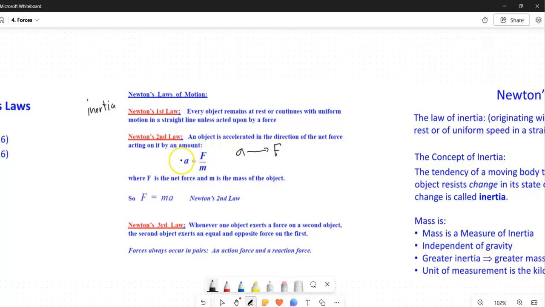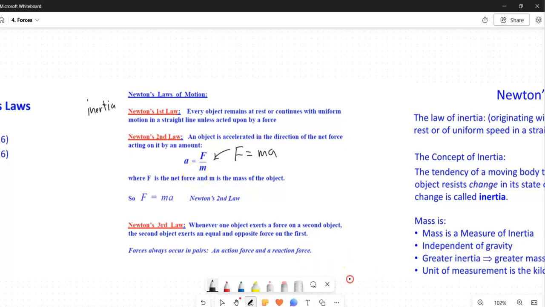So acceleration isn't exactly the same thing as a force. In fact, force is equal to mass times acceleration. And so dividing both sides by m, what we get is a relationship between force, acceleration, and mass. And we'll get into that in a few moments as well.